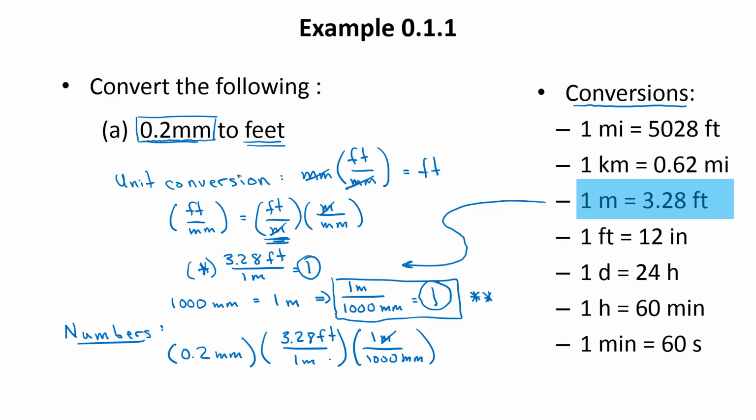So now units-wise, the meters cancel, the millimeters cancel, and I'm left with feet. If I run the numbers, this gives me about 6.56 times 10 to the minus 4th feet.